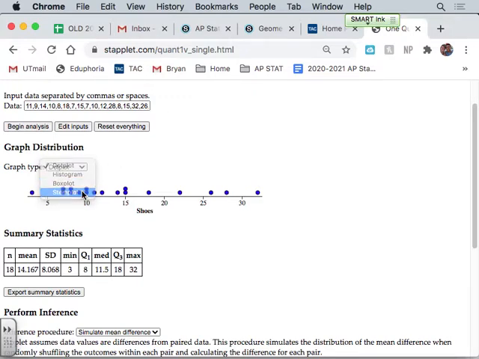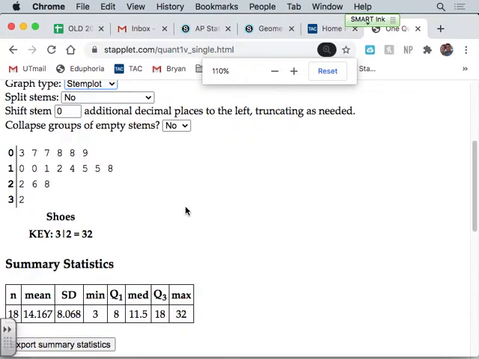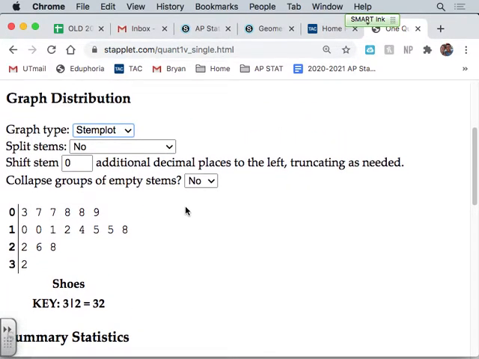We can do stem plot next. Okay, maybe I'll zoom in. Way better. Okay. So stem plot. Have y'all seen a stem plot before? Okay. They're not always the most common choice.